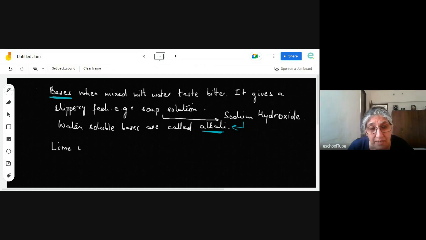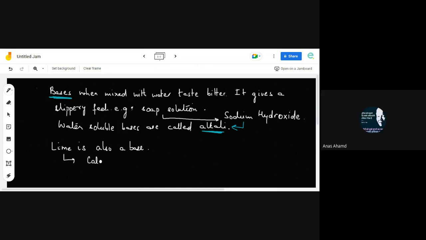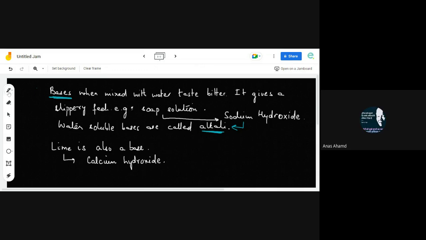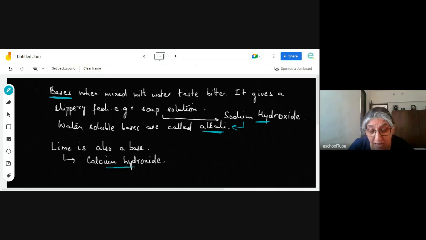Lime is also a base, and this lime is made up of calcium hydroxide. हाँ, हाइड्रोक्साइड. जैसे सोप का हमने बोला सोडियम हाइड्रोक्साइड. तो ये सारे क्या हैं? ये बेसिस के नेम है. जैसे अभी हमने एसिटिक एसिड, लैक्टिक एसिड, एस्कॉर्बिक एसिड वगैरह पढ़े, वैसे ही ये सारे जो हाइड्रोक्साइड हैं, ये सारे बेसिस हैं.